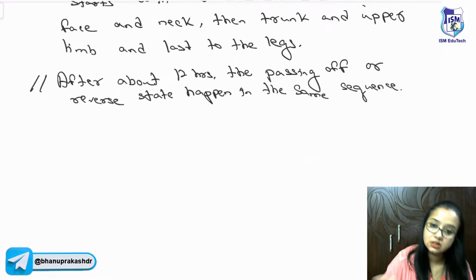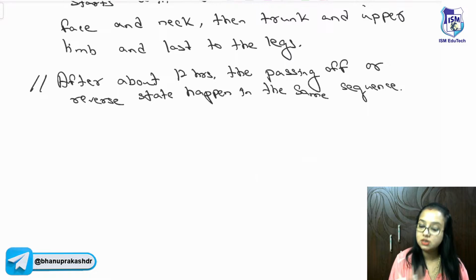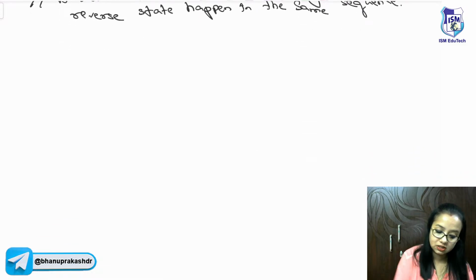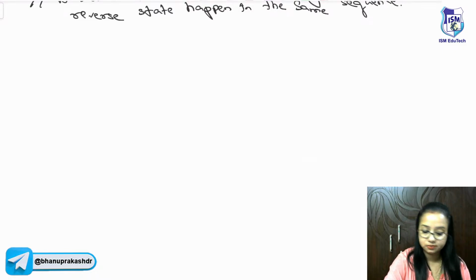In the same sequence. Like the loosening up also starts with the muscles of mastication, face, neck, trunk, upper arm, and at last the legs. Okay, so this was our contraction relaxation with the rigor mortis, the applied part in detail.